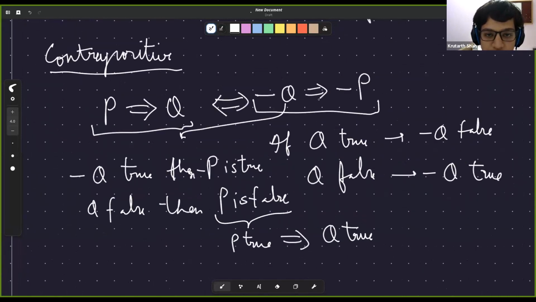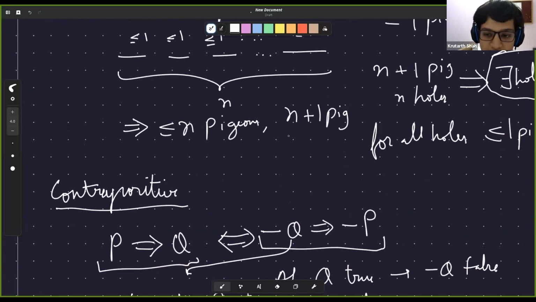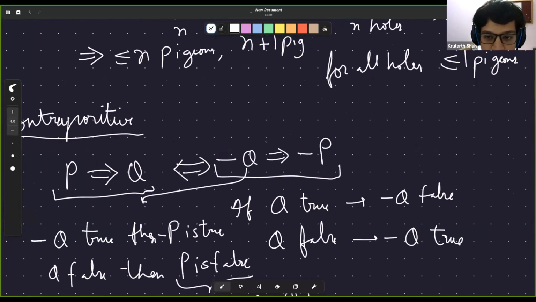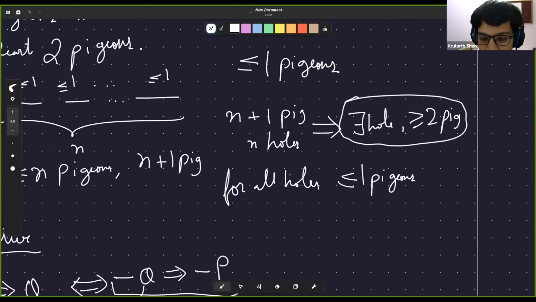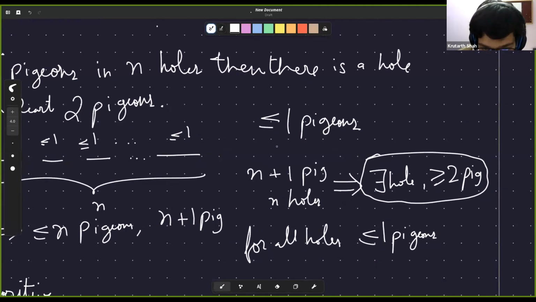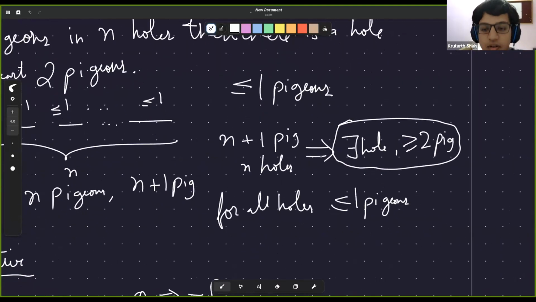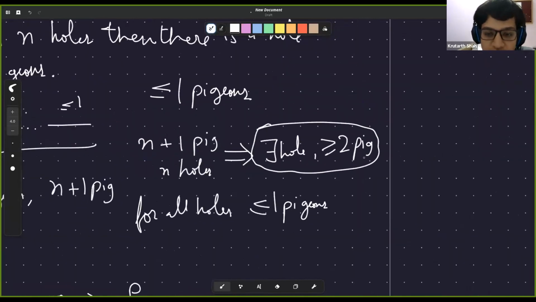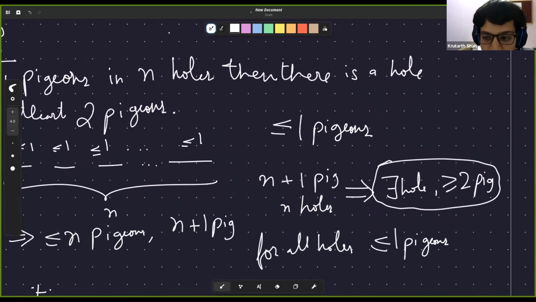So we could also prove PHP based on that. What I'll show now is that we see the contrapositive in the contradiction statement only.